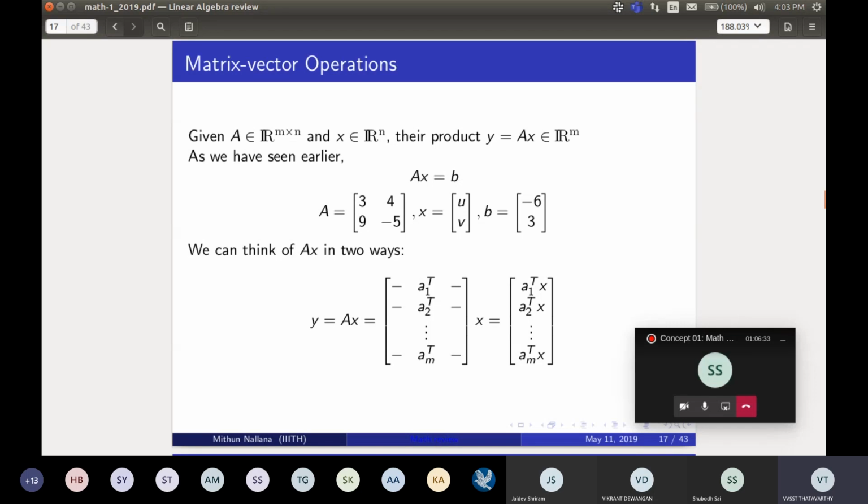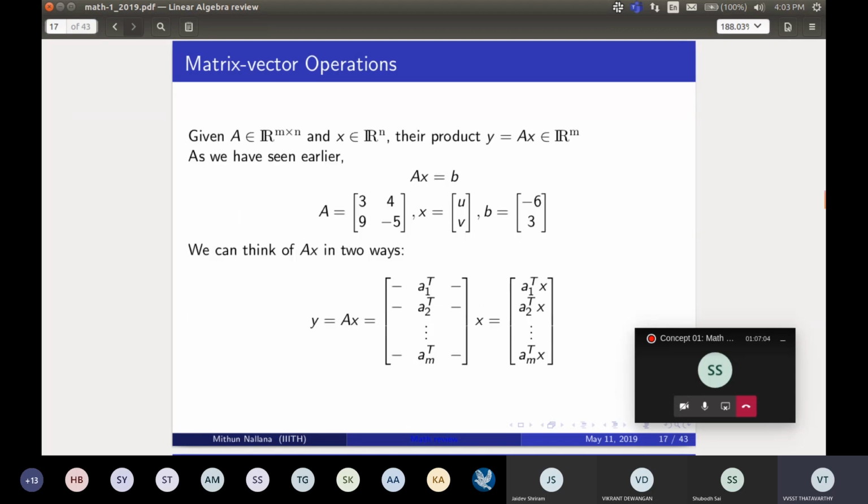If u and v have some values that we solve for, we get an output of minus 6 comma 3. So this is a different point. The point u comma v is now transformed to minus 6 comma 3. That is how you can look at a matrix. A matrix can be seen as a linear transformation that operates on vectors and gives you a different vector. It will transform the given vector into a different one.